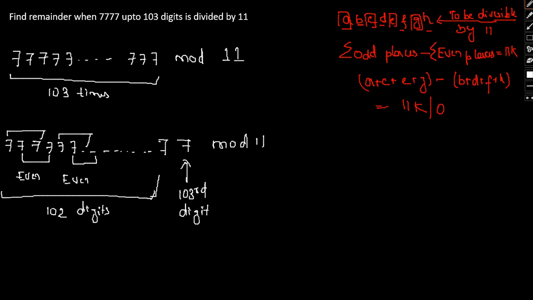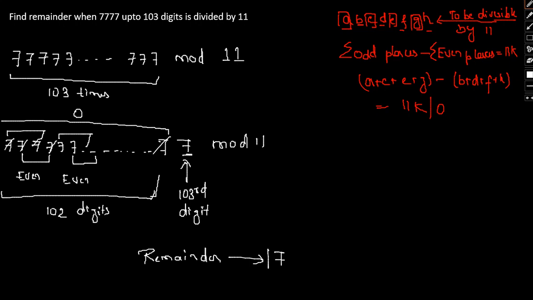So this entire term basically would give us 0, because all the alternate terms get cancelled out. Only one term is left, that is 7. So whenever we divide this number, our remainder will simply be the remaining 7. That is, 7 will be our answer.